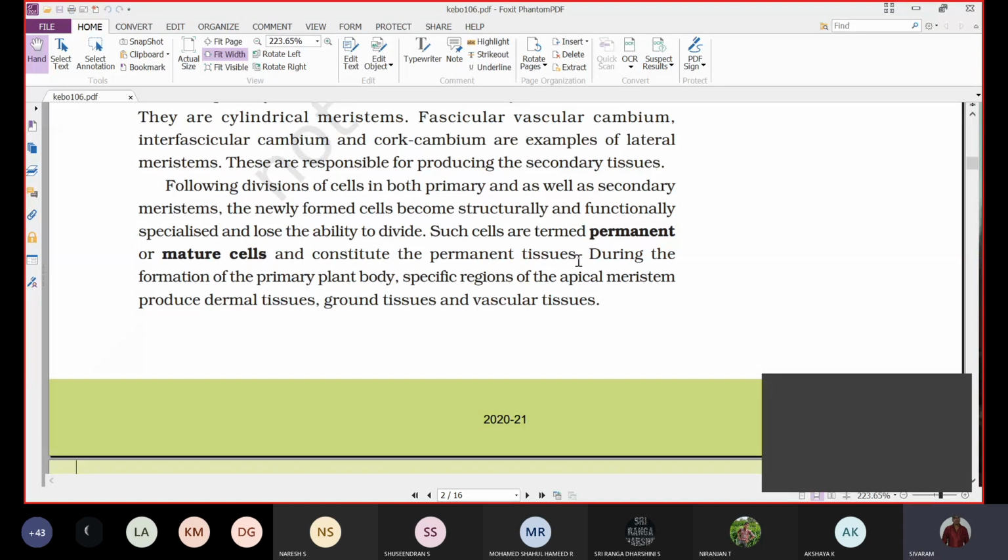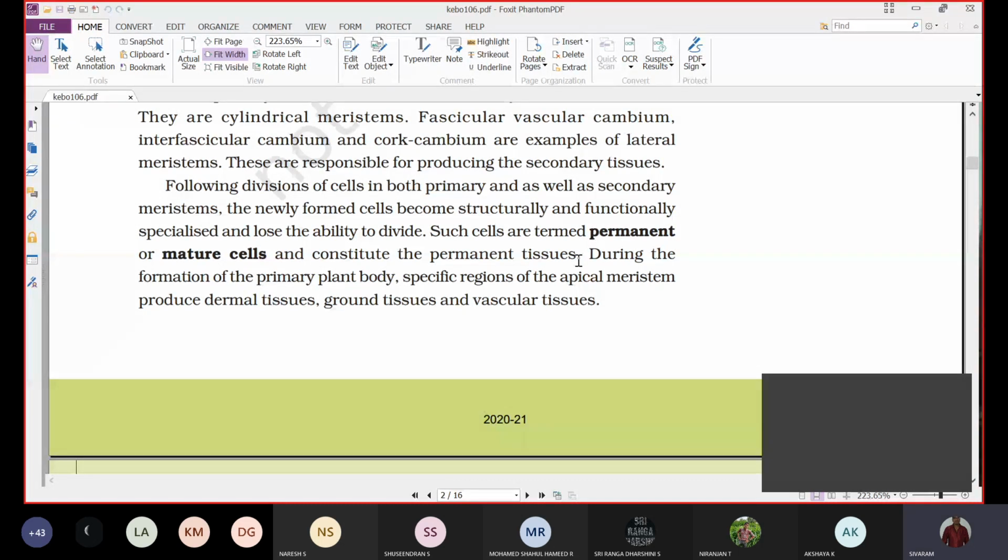From the time the plant undergoes germination till it undergoes death, there is no change in the number of meristematic cells in the meristem, either in the shoot apical meristem or root apical meristem. But we are saying that the cells are in continuous cell division. Then what happens to the newly formed cells?